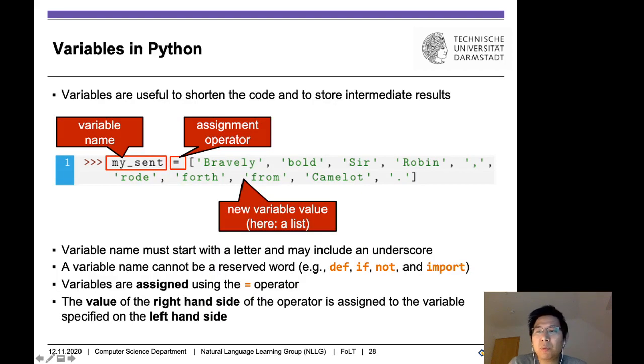And if you want to reuse something during programming, creating variables gives you a very good opportunity to do so. In this case, you have to specify the variable name, assignment operator, and of course the value. And notice that you cannot name variables with reserved words in Python. For example, you cannot name variables with def, if, not, input, and so on.